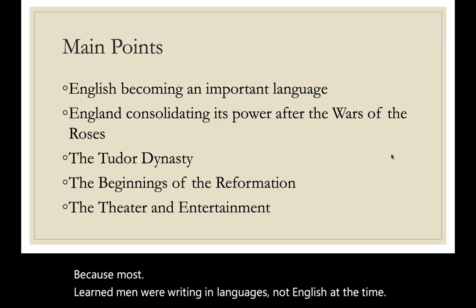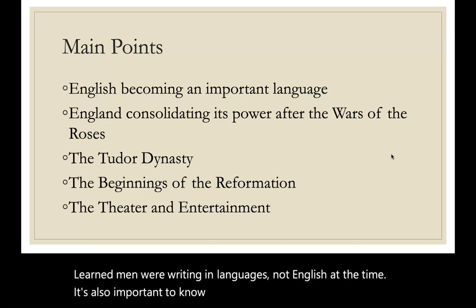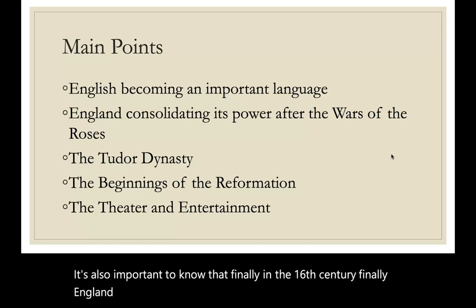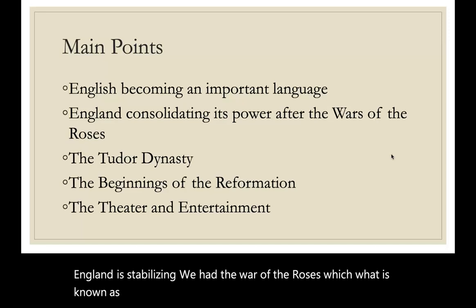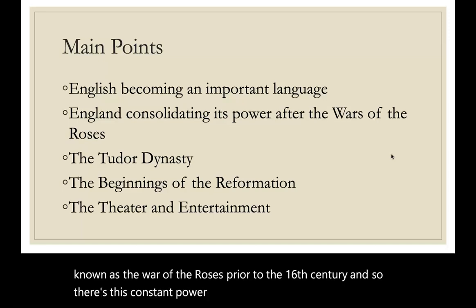It's also important to know that finally, in the 16th century, England is stabilizing. We had what is known as the War of the Roses prior to the 16th century. And so there's this constant power struggle between families in England.